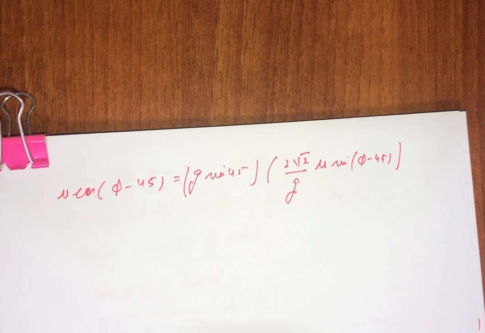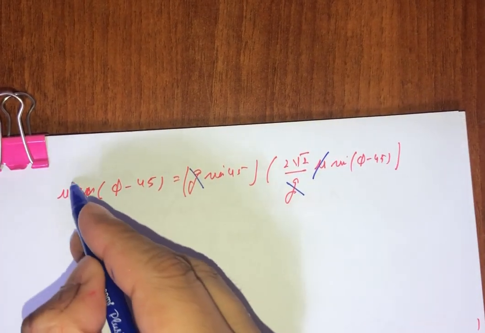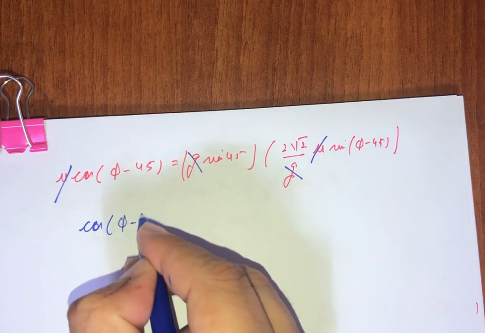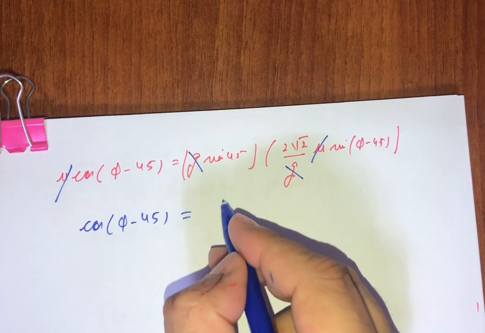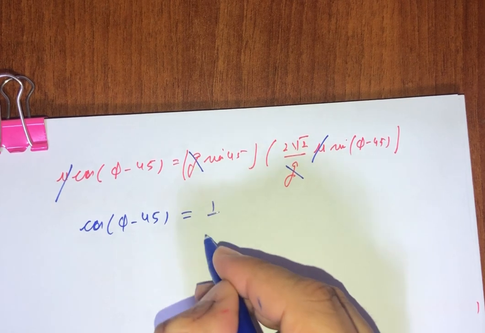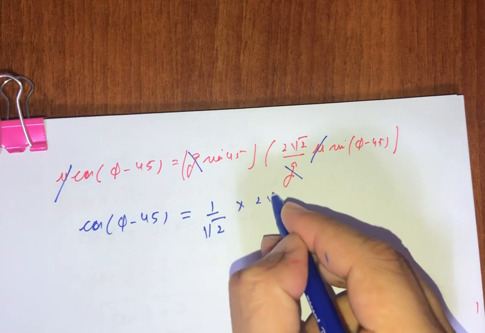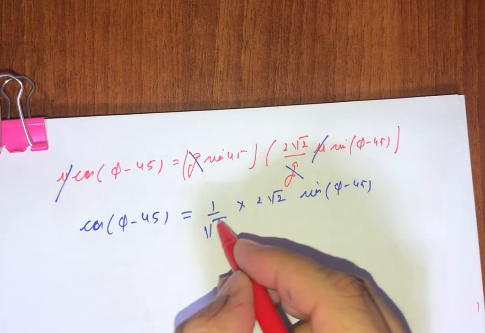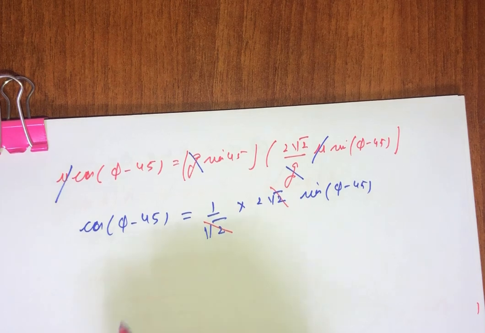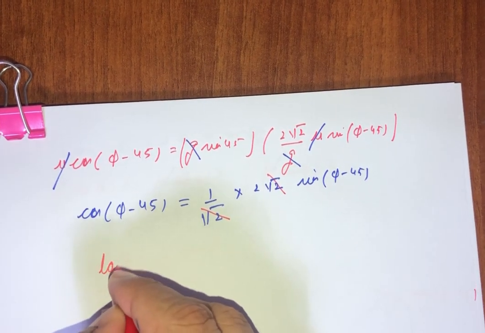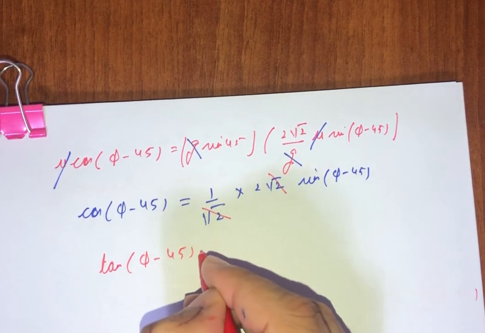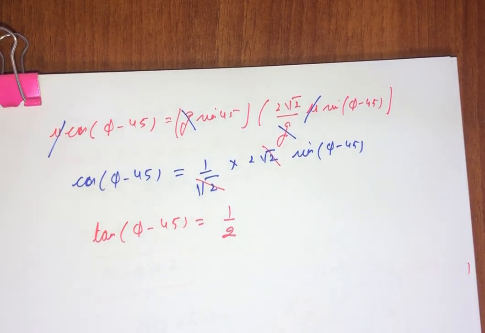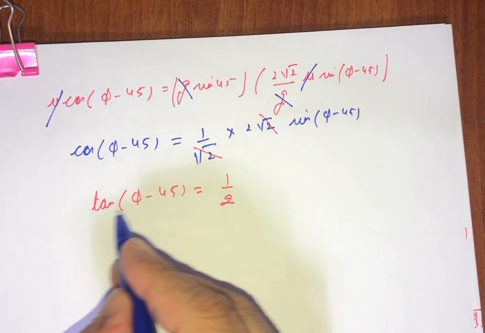So in this case, g cancels out with g, u's go with u, so we will be left with cos of phi minus 45 is equal to sine of 45, that is 1 upon root 2 into 2 root 2 sine of phi minus 45. 2 root 2 and 2 root 2 also cancel out, so we will get tangent of phi minus 45 is equal to 1 by root 2, and we can expand this tangent of phi minus 45.